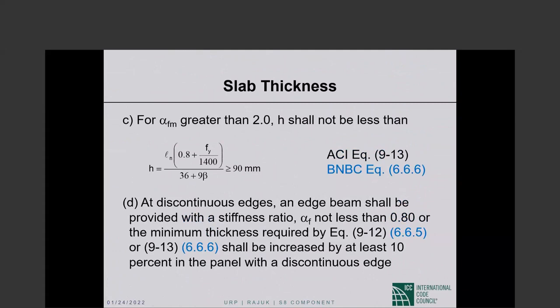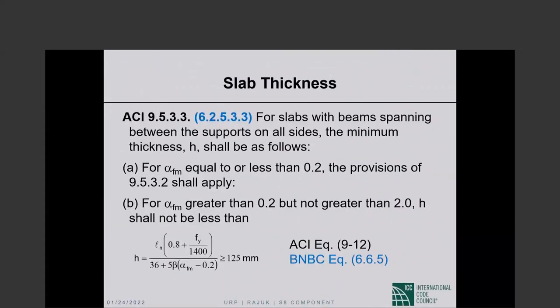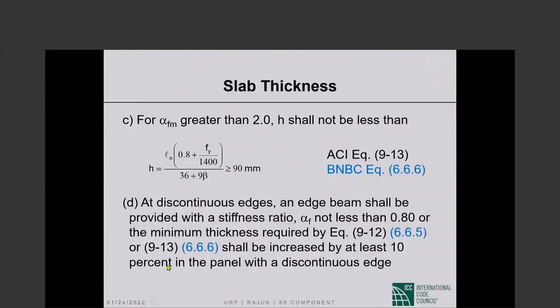You will see someplace. I don't see it offhand, the explanation for beta. Okay, so then if the beams are very stiff, alpha sub fm greater than 2, then the expression changes to what you see. Then the expression changes to what you see in the picture. Now the minimum is 90 millimeters.